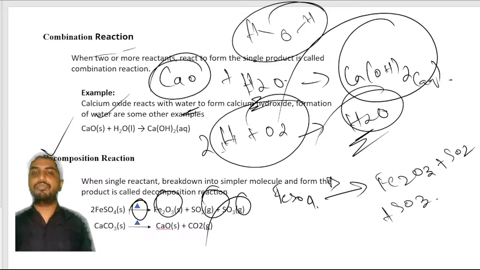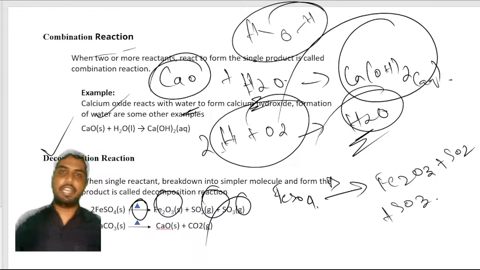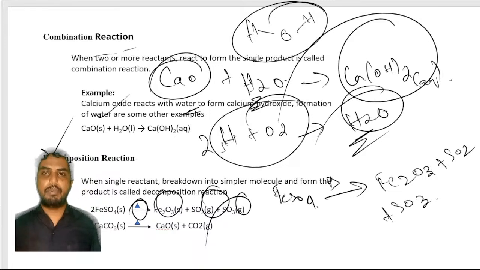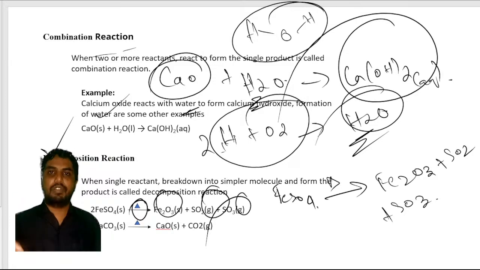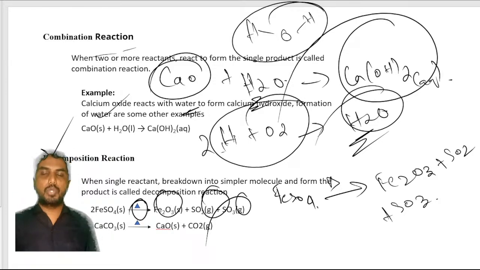This type of reaction is called a decomposition reaction. In a combination reaction, two molecules join together to form the product. When a complex molecule is divided by heat into two or more products, it is called a decomposition reaction. I hope everybody understood these reactions, right?